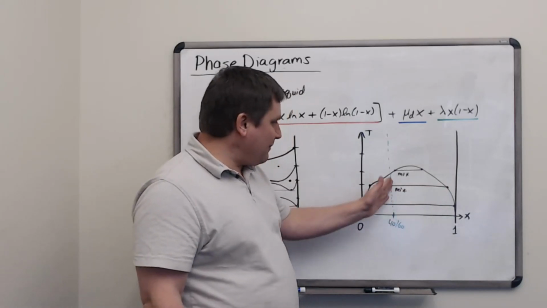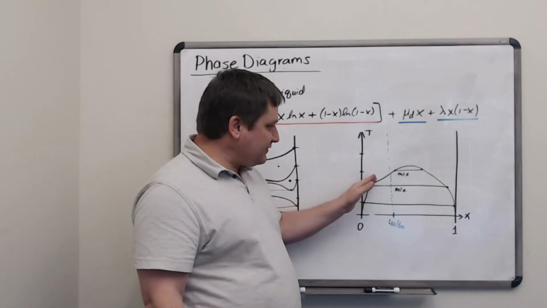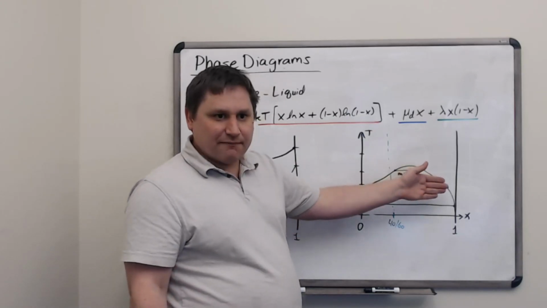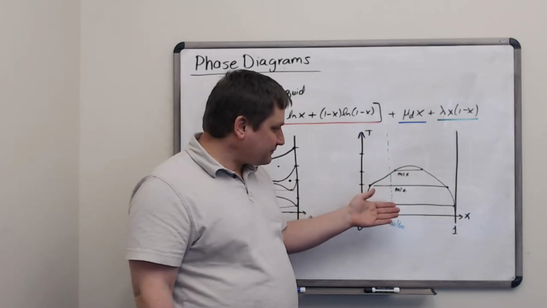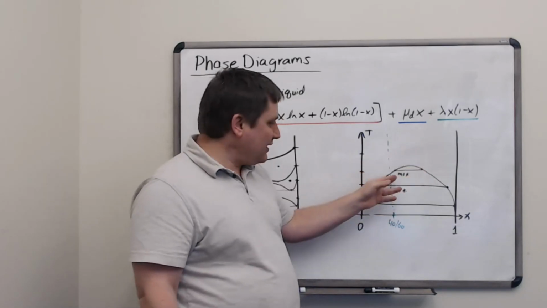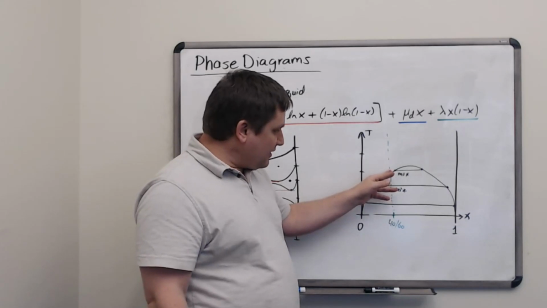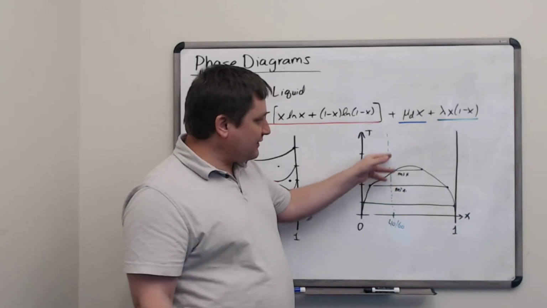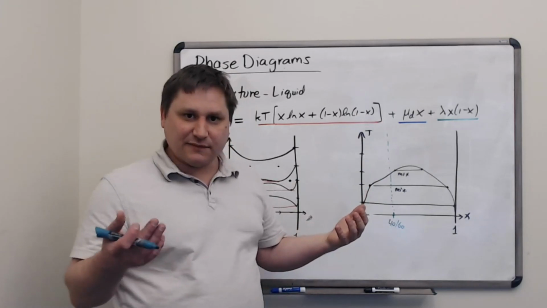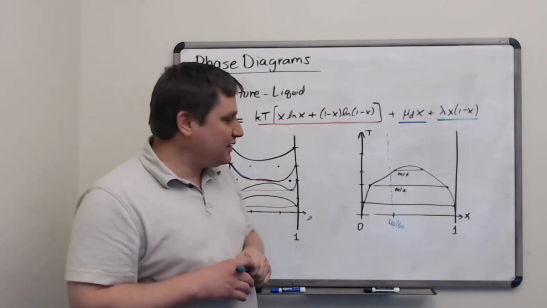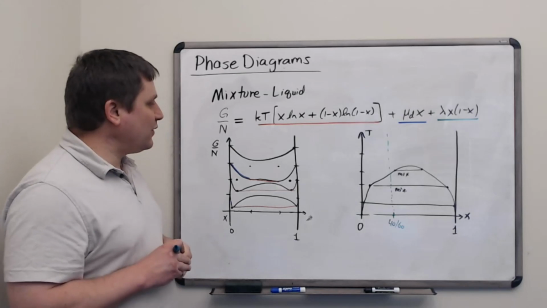And as we keep going up in temperature, those two different liquids will become more and more mixed up with each other until we get to this point, and then at this transition, the separation between the mixture disappears and they just merge together. All right, so that's our mixing liquid model.